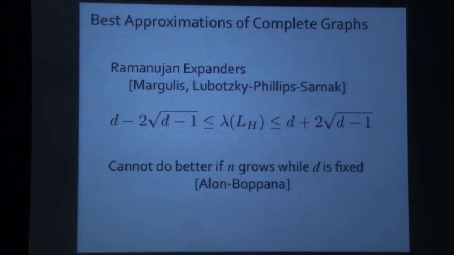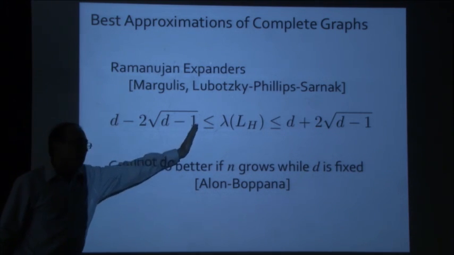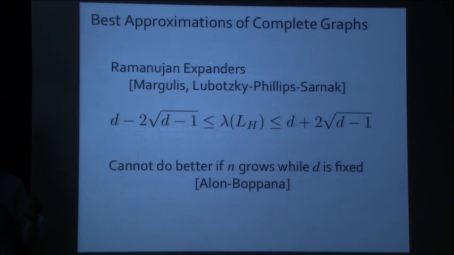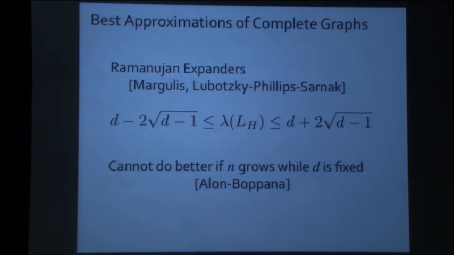And by a bound usually attributed to Alon and Boppana, you cannot do asymptotically better. Meaning if n grows large and d is fixed, you can't move these numbers away by any constant. Your eigenvalues will always approach this.